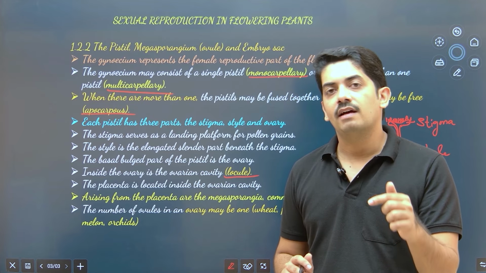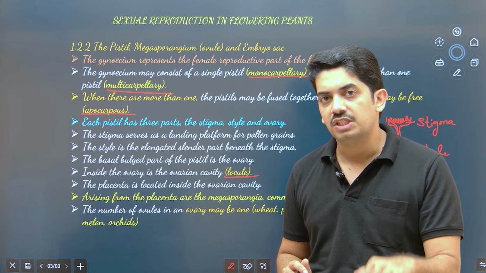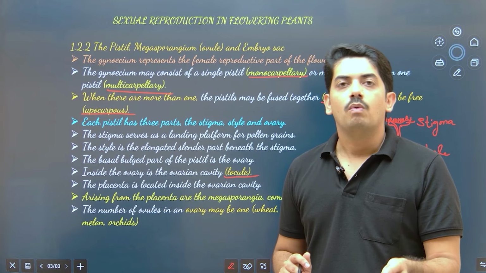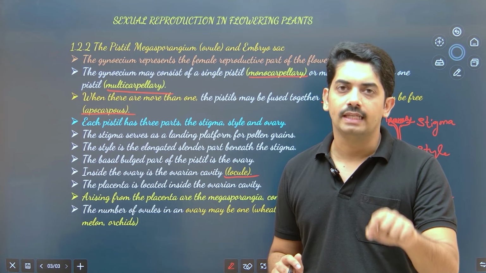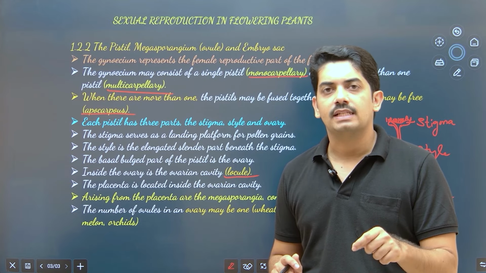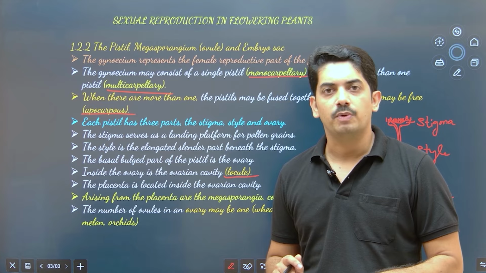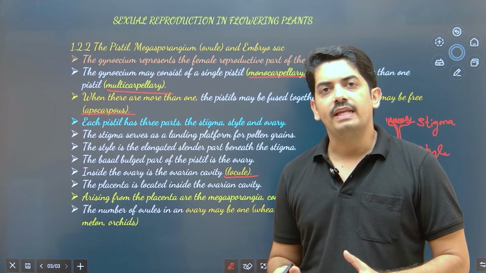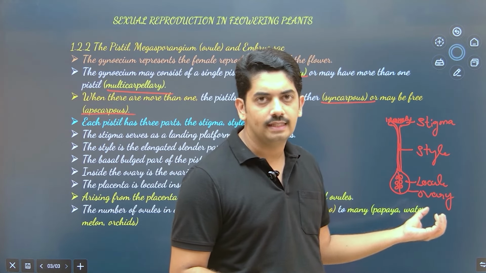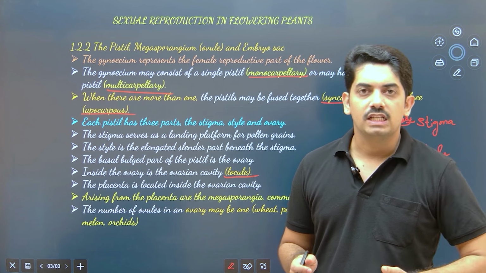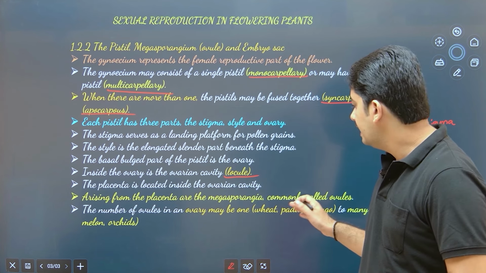Ovule. Why have they used the term megasporangia? Because it is plural. What is megasporangium? It is singular. Suppose the ovary contains only one ovule, then we can use the term megasporangium. Suppose the ovary has multiple ovules like this, then we use the term megasporangia.